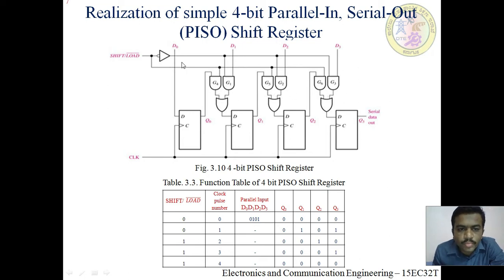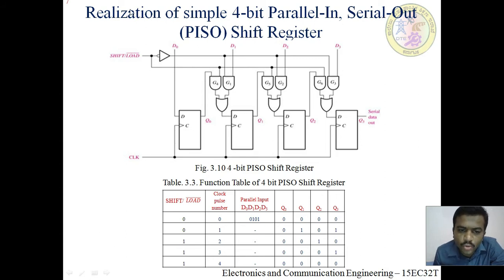The 4-bit input binary data is applied on the input lines D0, D1, D2 and D3. With shift load bar signal set to 0 and the inputs applied to the D0, D1, D2, D3 input lines, when a clock pulse is applied, the parallel 4-bit input binary data is loaded through the OR gates into the 4 flip-flops.